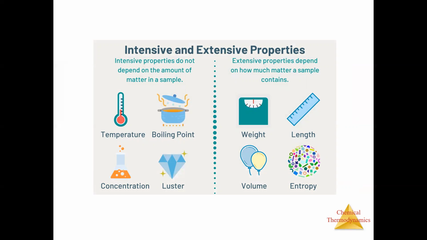Luster and concentration are also independent of the amount of matter in a sample. Whereas extensive properties depend on how much matter a sample contains, such as weight, length, volume, and entropy.